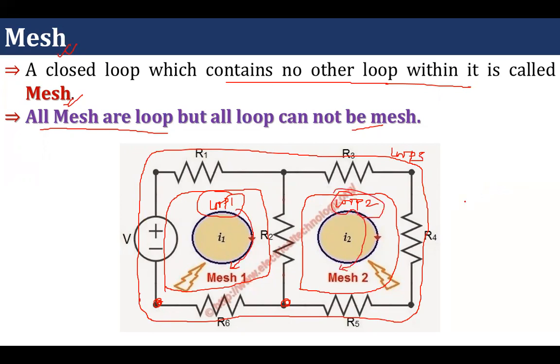So in this circuit we have 3 loops, but 2 meshes. A mesh is also a loop, but it does not have any other loop inside it. Loop 3 cannot be a mesh, right? Why? Because we have 2 inside loops within loop 3, and that's why it is not a mesh.